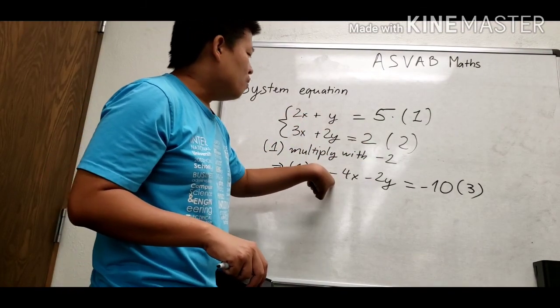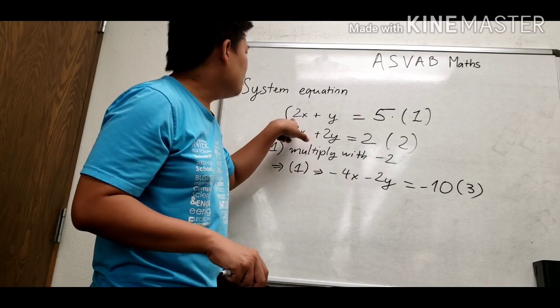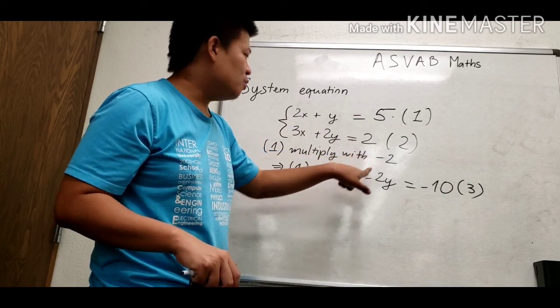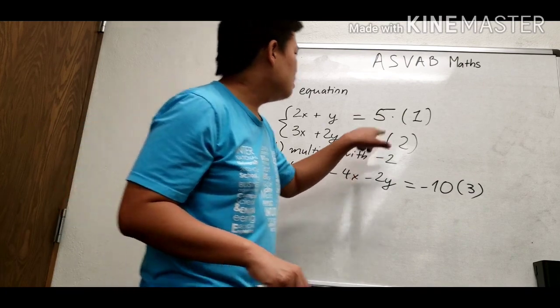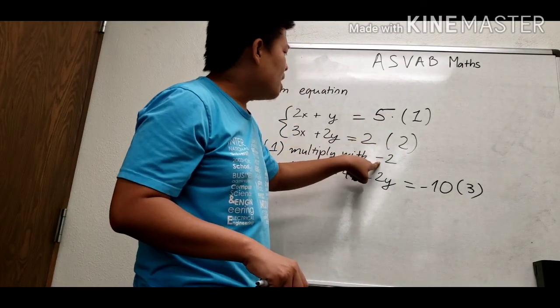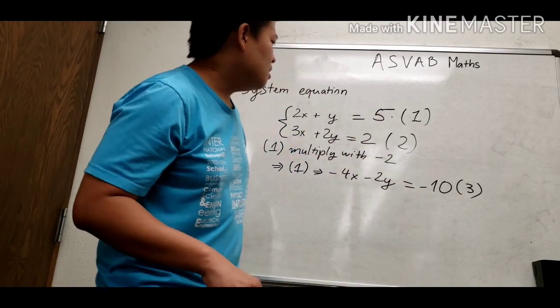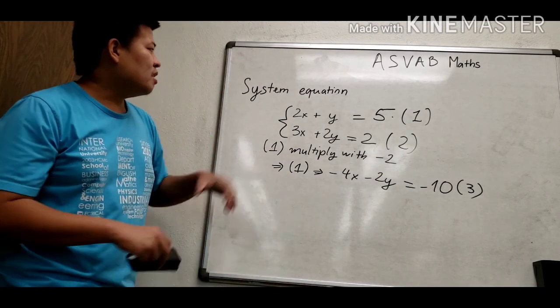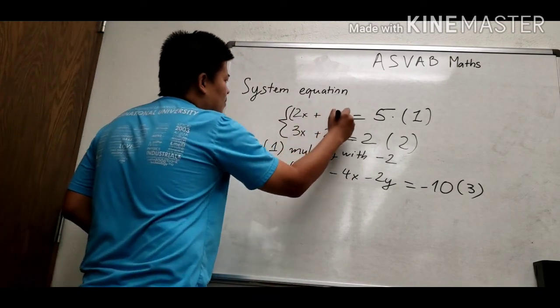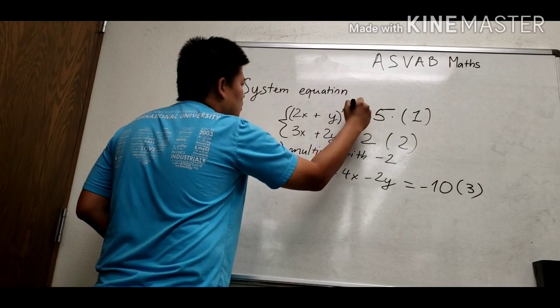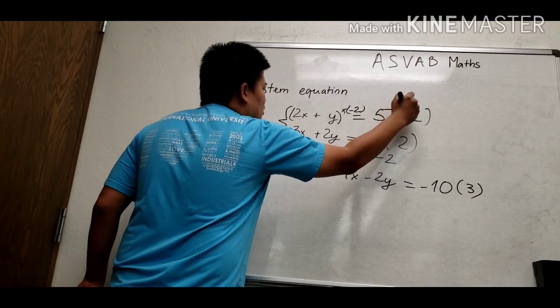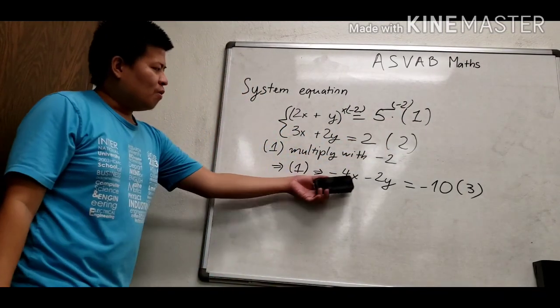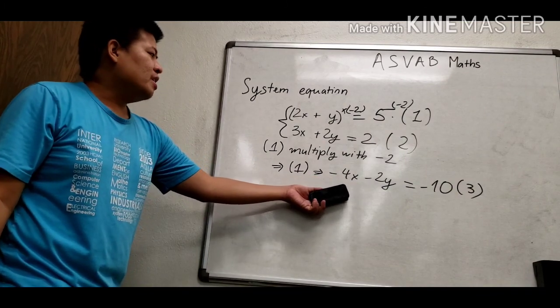Because 2 multiplied with -2 is -4x, and 5 multiplied with -2 is -10. So we just multiply in here with the -2, in here with the -2, and we get equation number 3 in here.